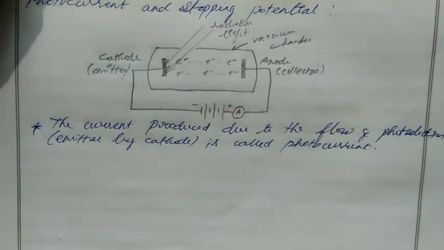How long will it attract? As long as the cathode emits electrons, that many electrons it will attract. We know a metal has a certain number of free electrons.